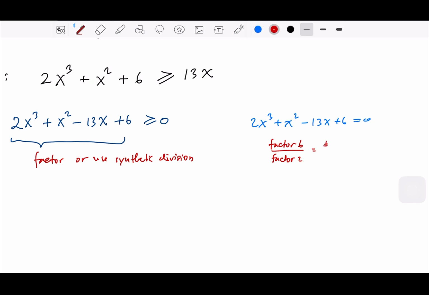So we will have, okay, and we know from Descartes' rule that this is 1, this is 2, so 2 positive zeros or 0 positive zeros.